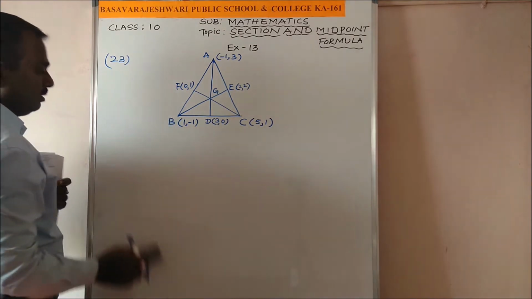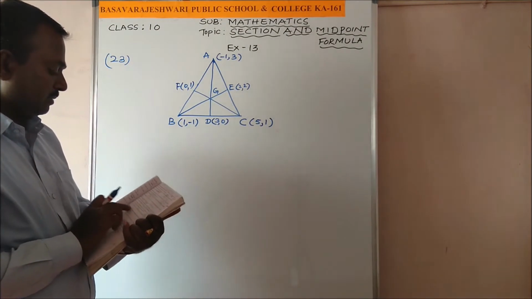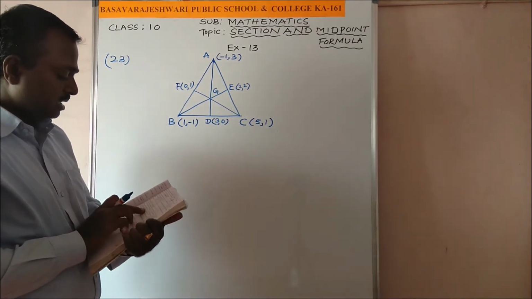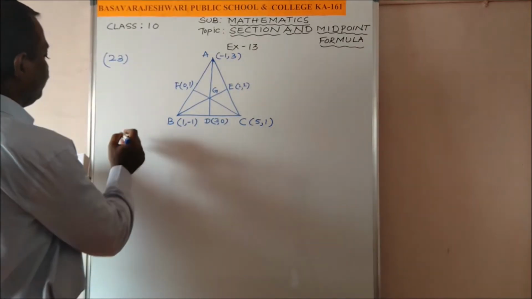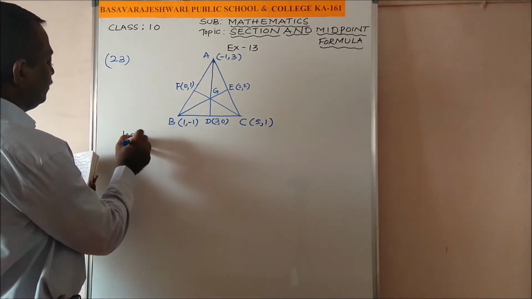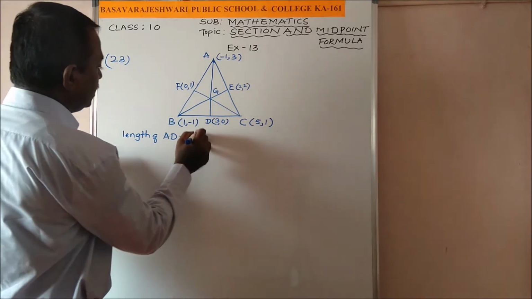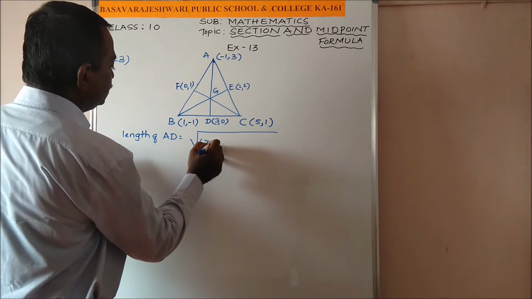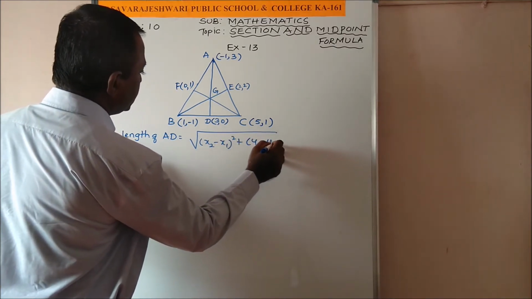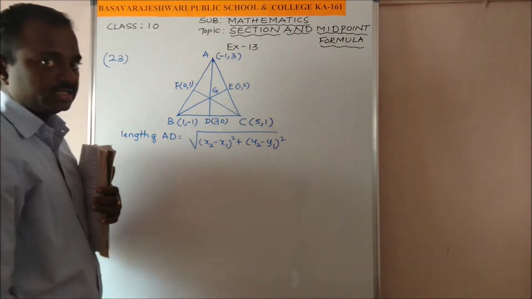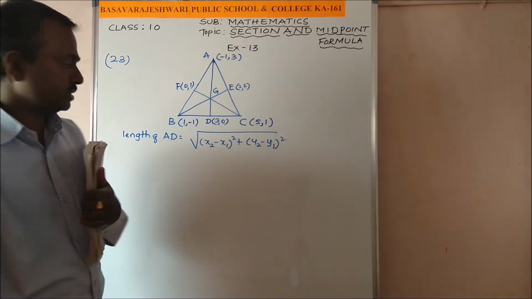Okay, now they are asking us to find the lengths of the medians. So I will find the length of AD. What is the formula I have to apply? The square root of (x2 minus x1) whole square plus (y2 minus y1) whole square. This we learned in the 9th standard: the distance formula, distance between two coordinate points.